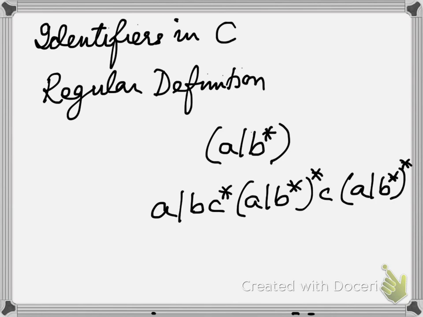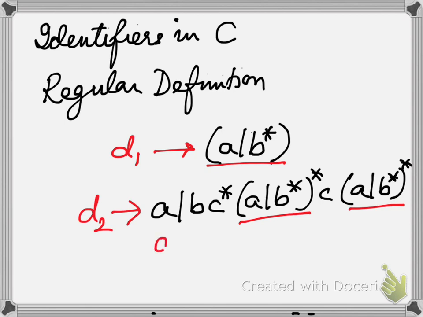Now here, if you can see, this and this is the same regular expression as this one. So what we can do is we can define a symbol for this. Say D1. I define a symbol for this one, and in this second regular expression, this part remains the same, and in place of (A or B) star, I will just write D1. So this is D1 star, followed by C, again followed by D1 star.